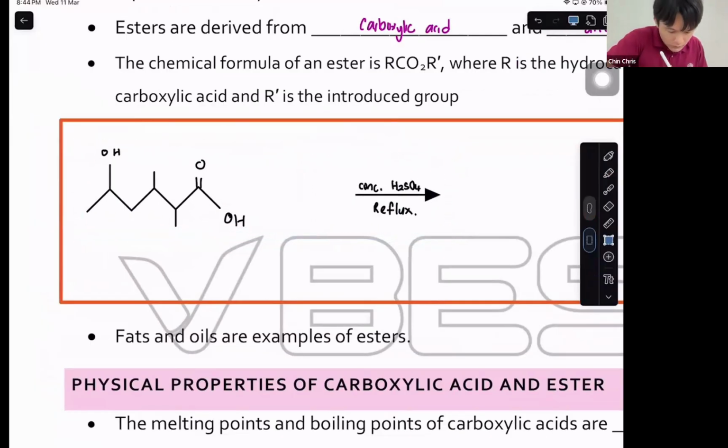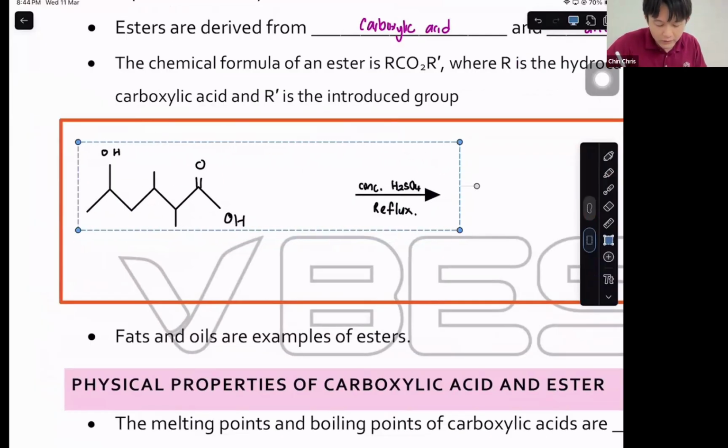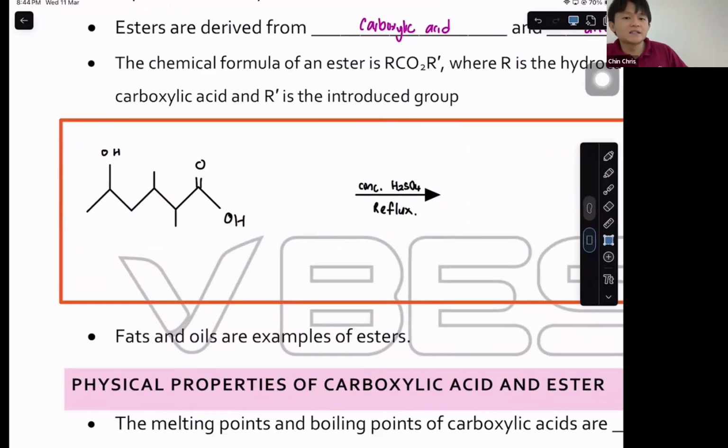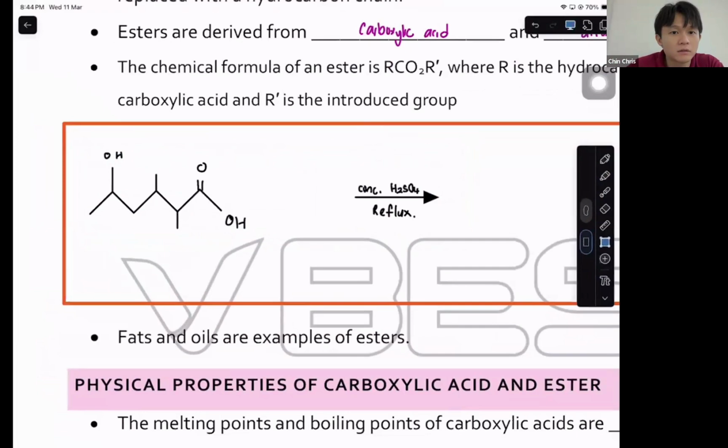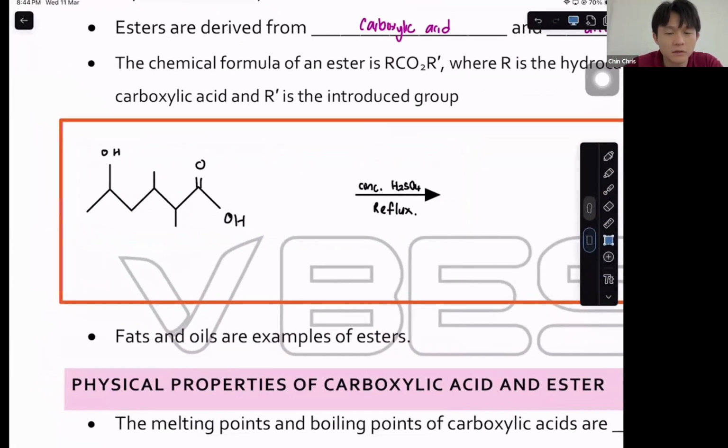To get an ester is always reflux. There we go. You get an ester.